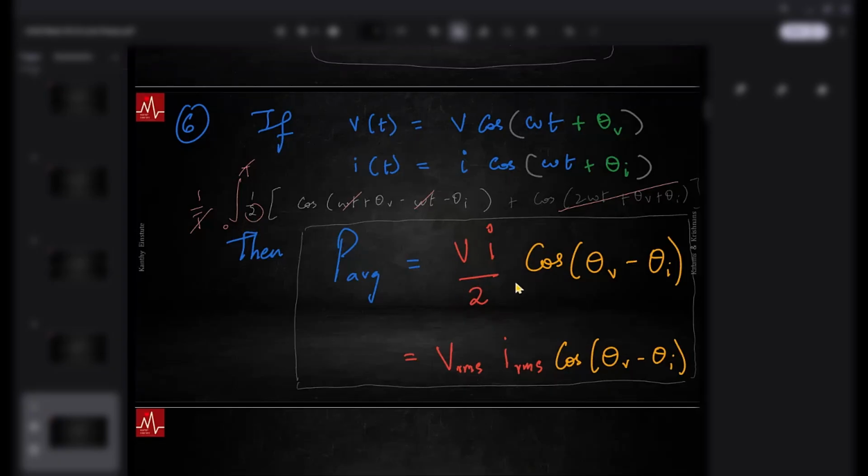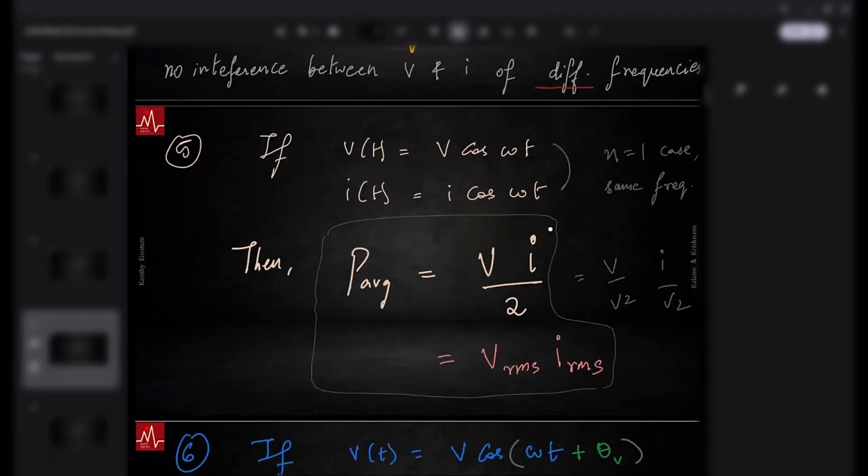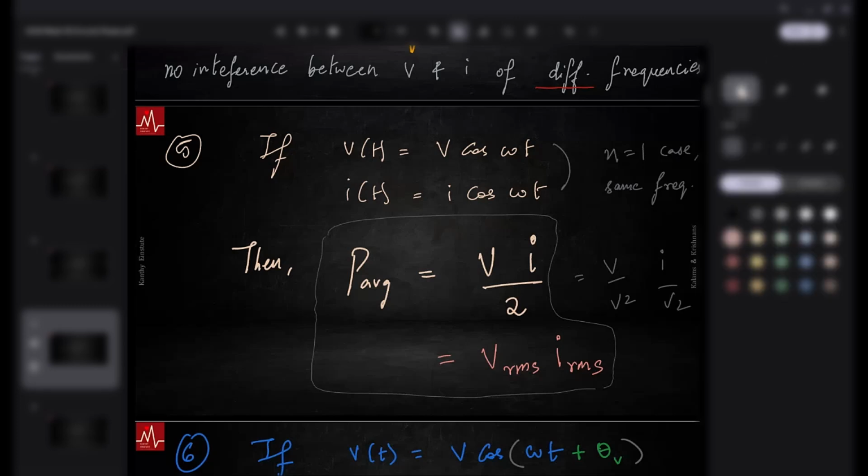So this is interesting. What it says is, if voltage and current are in phase, average power is Vi by 2. But in any real circuit, this is true only in one case. Can anyone tell me, at least guess this? What kind of a circuit is this?